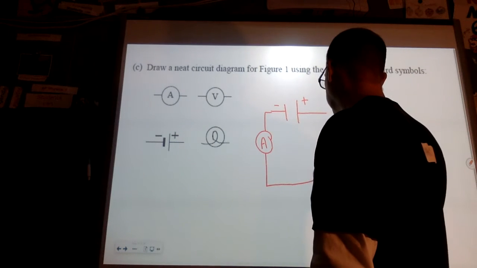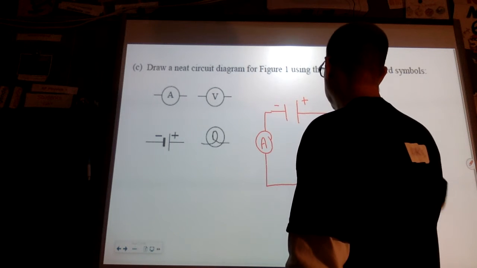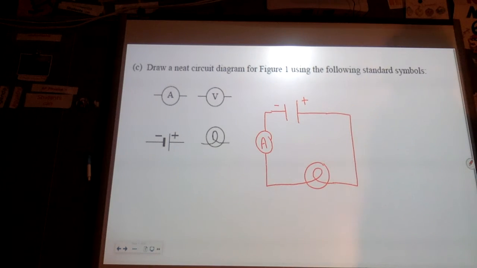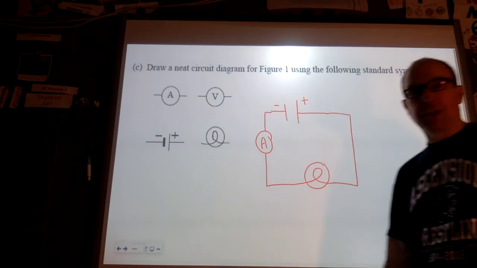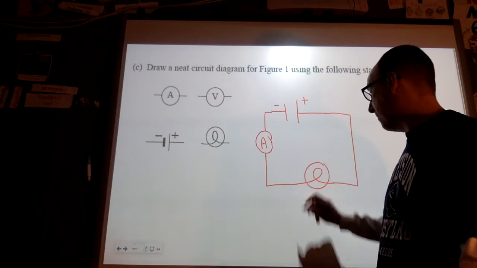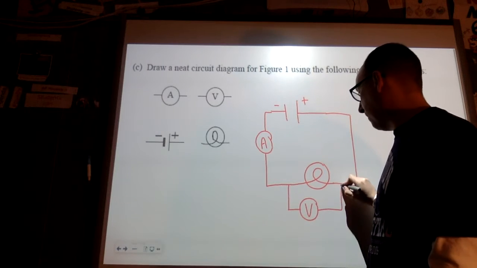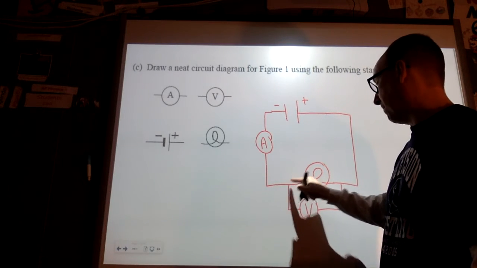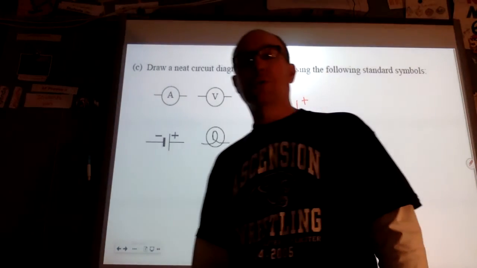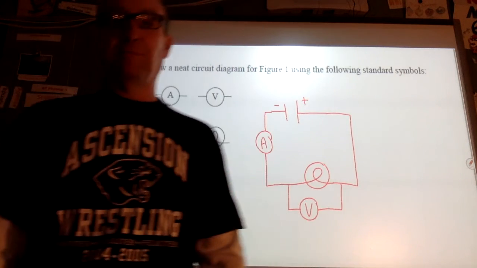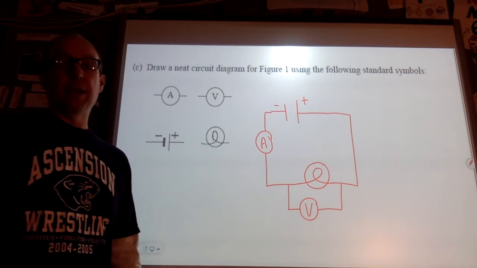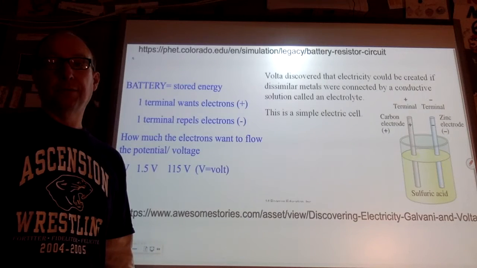Then it went to the light bulb, and that was a loop all unto its own. So that is a complete circuit, although we did have a voltmeter, and the voltmeter was measuring the difference in the pressure from one side of the light bulb to the other. So this would be our schematic drawing.